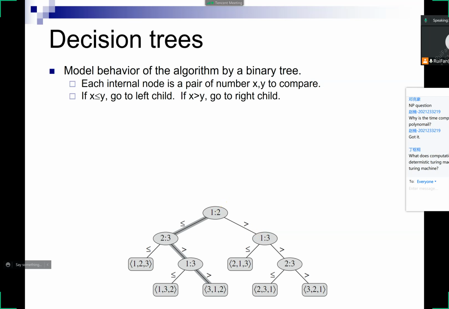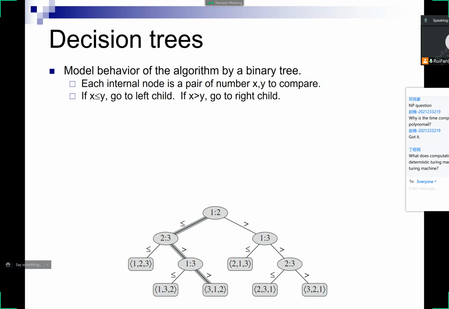Now, if this is all your machine is allowed to do, then you can model the entire computation that the machine performs using a decision tree. The decision tree starts from the first comparison your algorithm does, which is fixed. Based on the outcome, the next comparison is also fixed, and based on the result of the second comparison, the next comparison is also fixed.